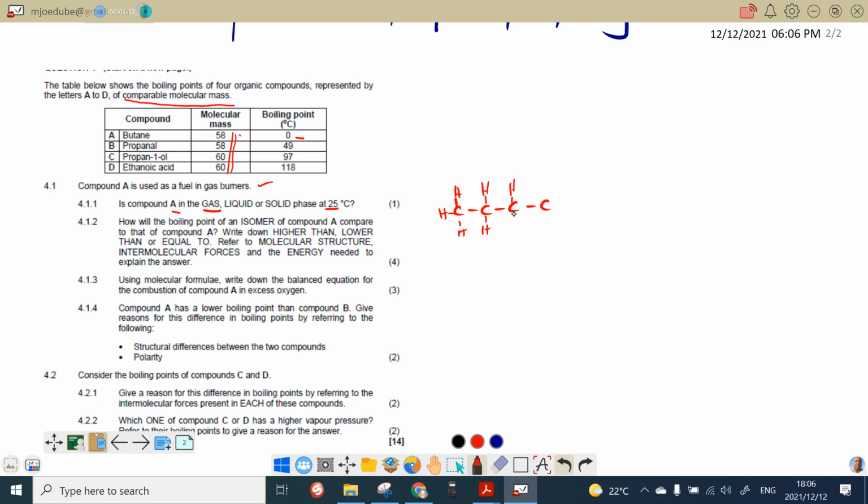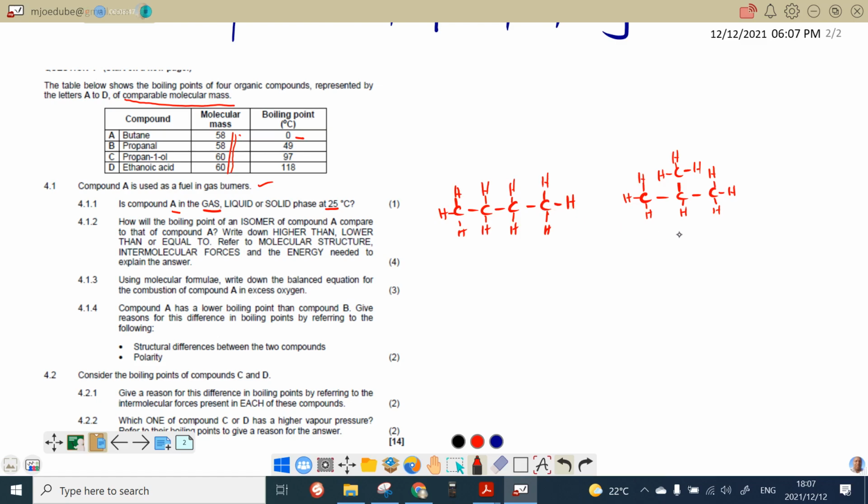Now they're asking you for the isomer of this particular substance. The isomer that you're going to have is one that has a side chain. Now this side chain is branched, and because it is branched, the molecule is not going to occupy as large a surface area as the butane itself.